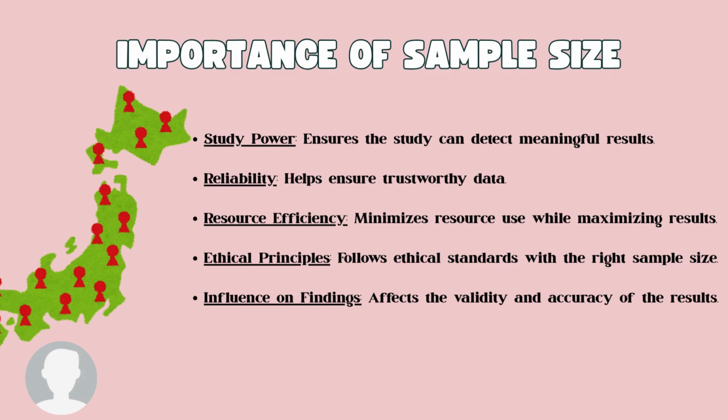These guide researchers to follow proper standards, ensuring the sample size is adequate and participants' rights are respected. And finally, these factors affect the influence on the findings. A well designed study with the right sample size leads to valid, accurate results. In summary, these elements ensure a study is effective, ethical, and produces reliable conclusions.